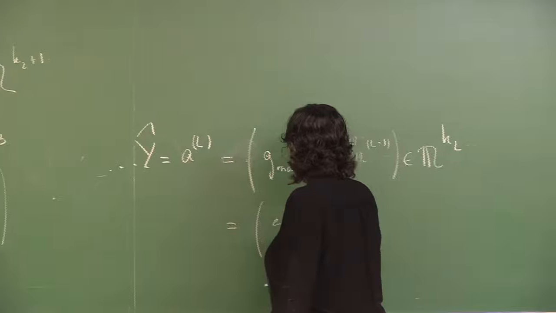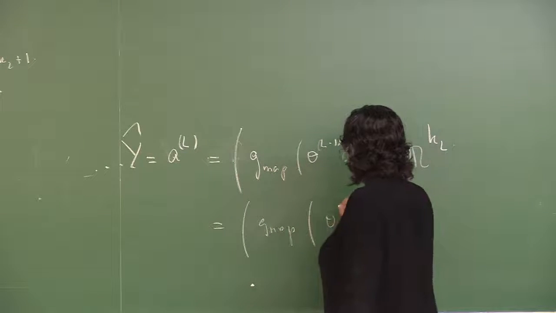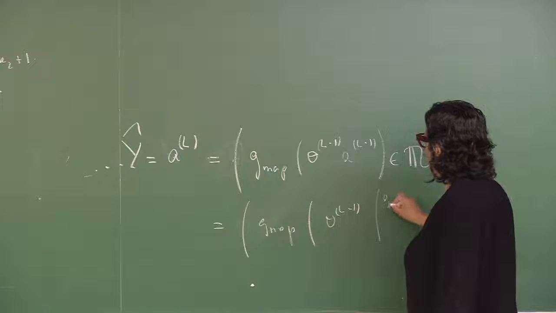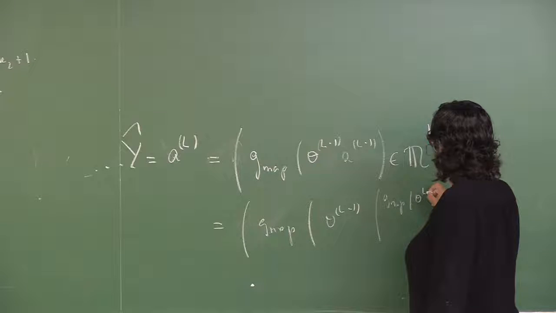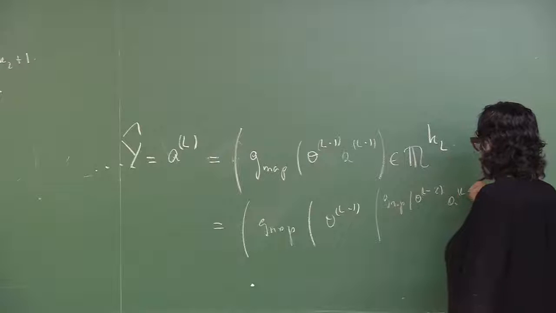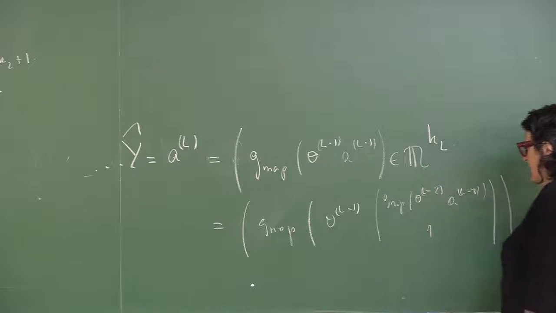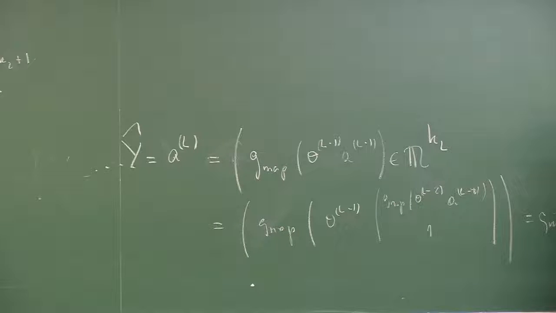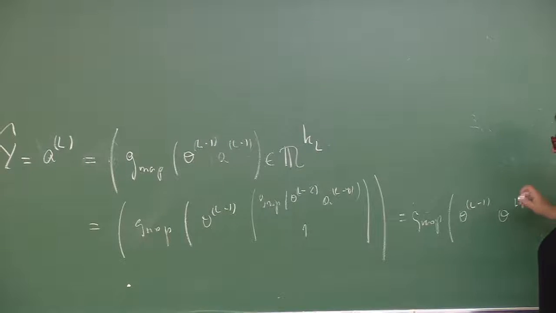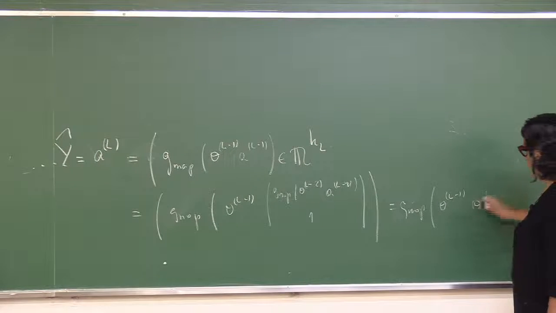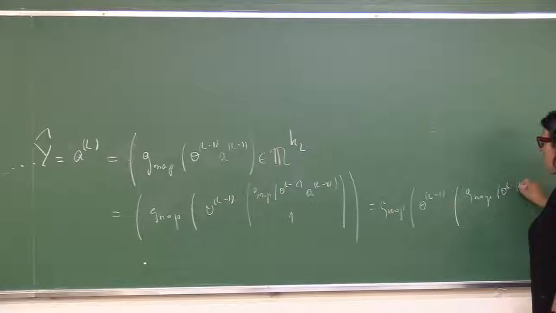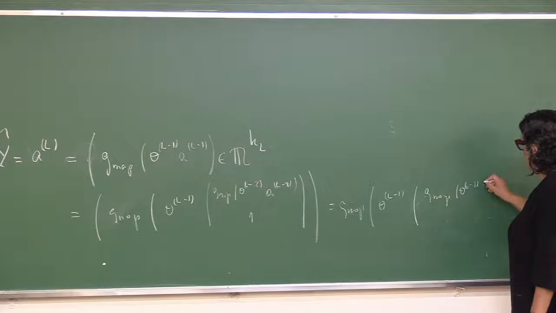This is G map, the theta L minus 1, the AL minus 1, which was G map, the theta L minus 2, AL minus 2, 1, that is the G map of theta L minus 1 of theta L, G map of theta L minus 2 of AL minus 2, which is G again.